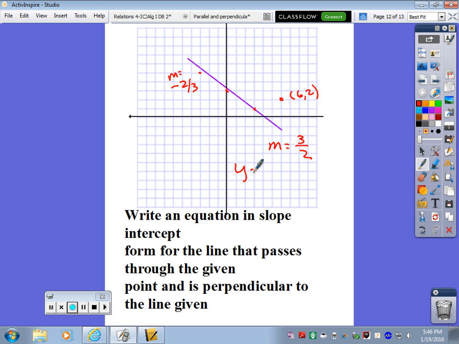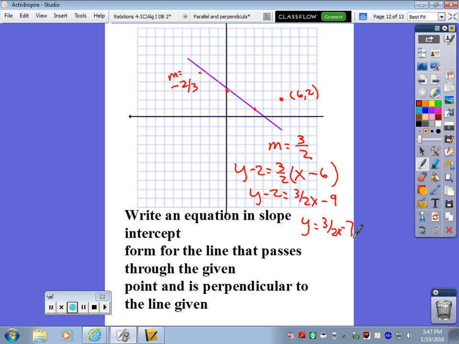So y minus 2 equals 3/2 times x minus 6. y minus 2 equals 3/2 x, and then this is going to be negative 18 divided by 2, minus 9. So y equals 3/2 x minus 7.